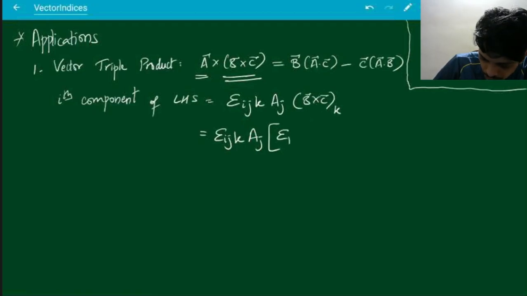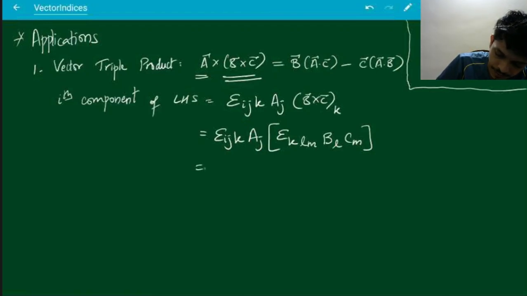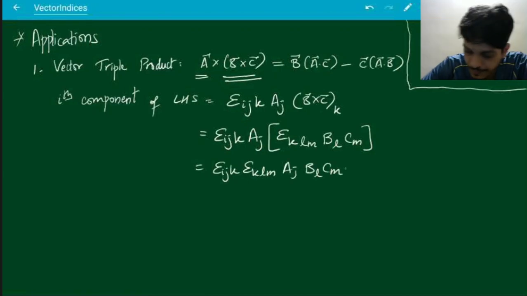It is epsilon klm bl cm. Same thing, any cross product you write like that, as epsilon, then first one, then second one, and you have to match the indices appropriately. So let me rewrite this: epsilon ijk, epsilon klm, aj, bl, cm.